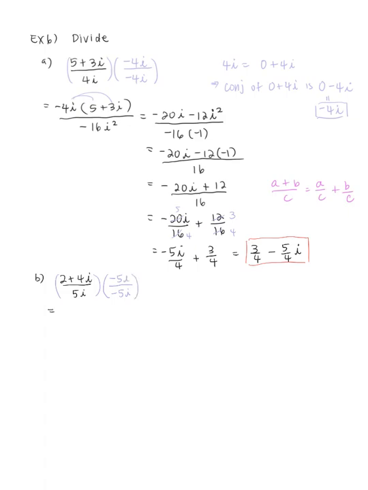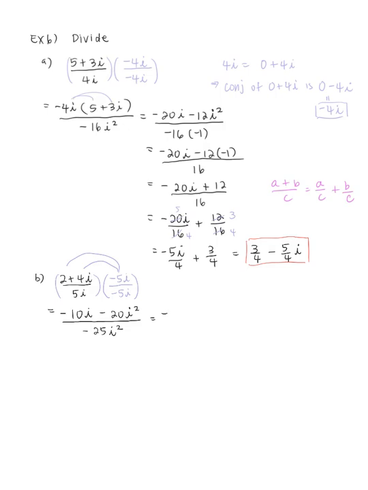Now I'm going to distribute negative 5i to 2 plus 4i. I'm not going to rewrite it this time, I'm just going to straight up distribute this. So we have negative 10i and then minus 20i squared, whole thing over negative 25i squared.